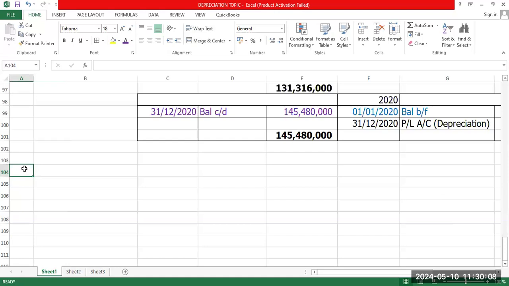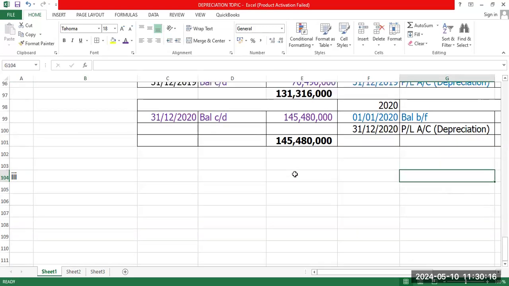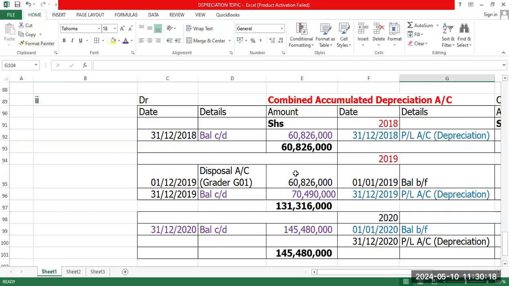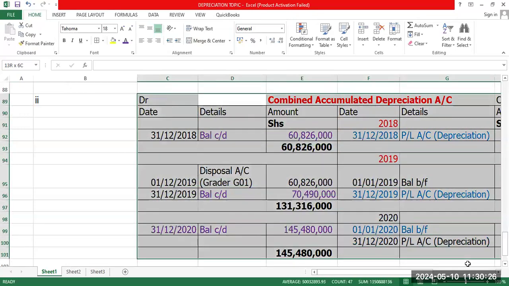Next account, number 3, is the disposal account. So you can also make another.